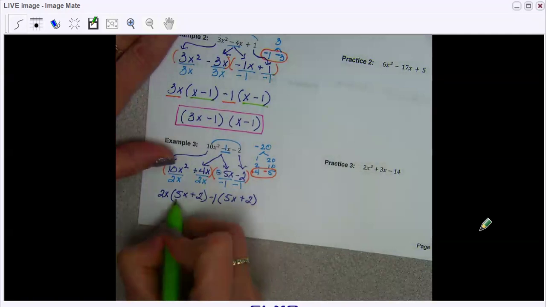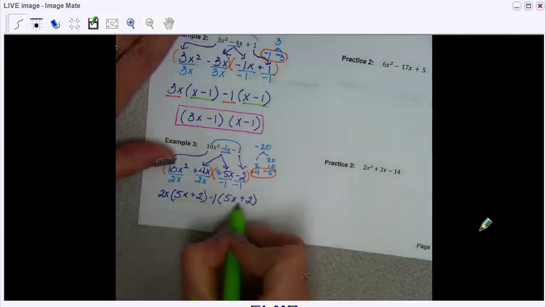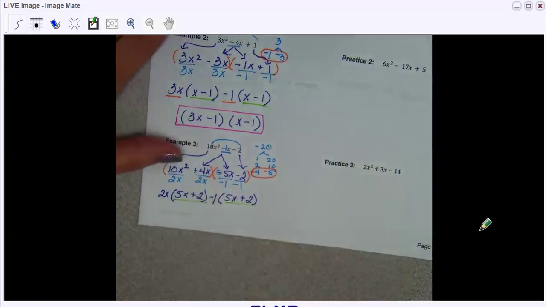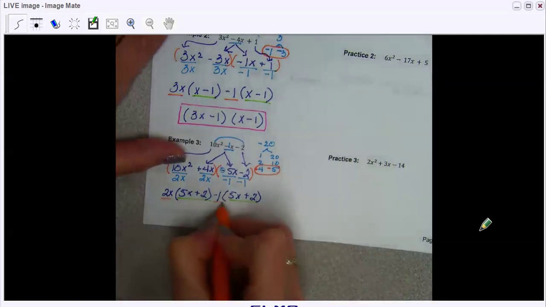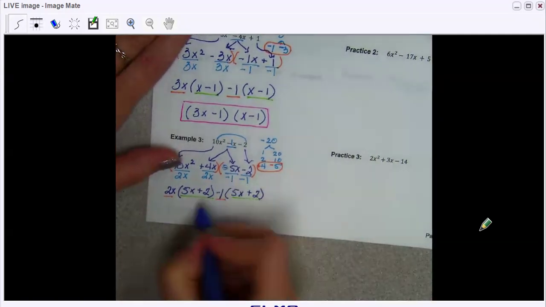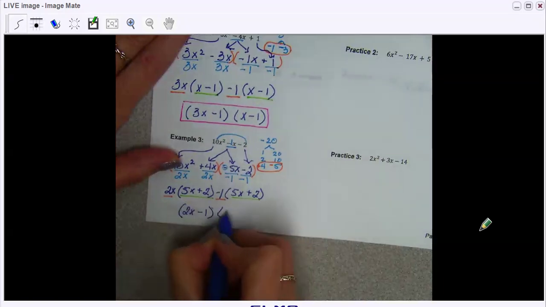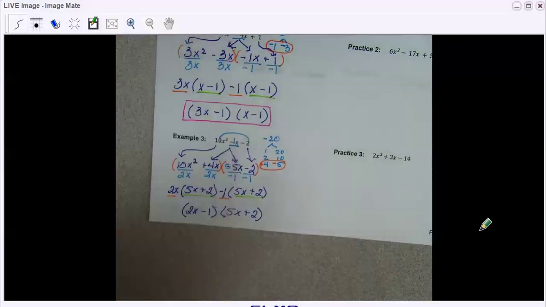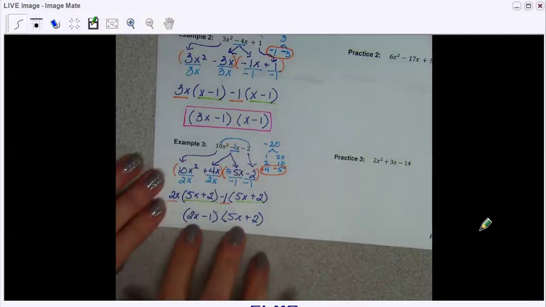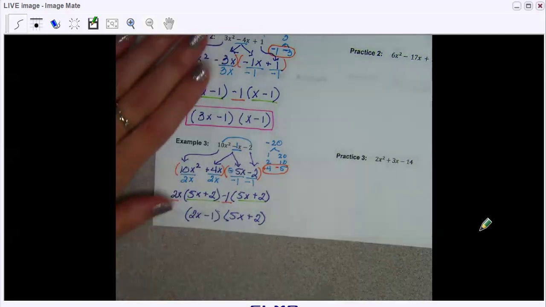And these two are the same. So we were correct. So let's go ahead and write this out. We have 2x minus 1 and 5x minus 2, or plus 2. And remember, just like in the other homework assignments, it doesn't matter which binomial you put first. Okay.